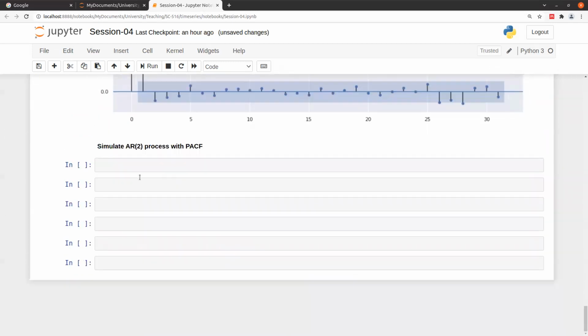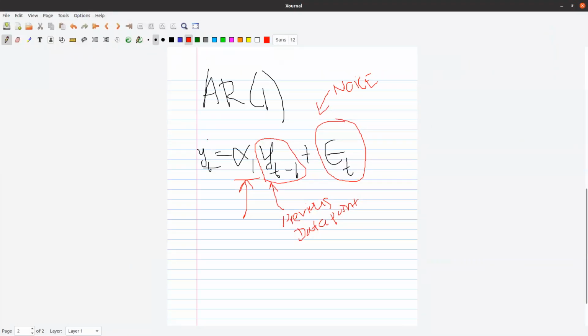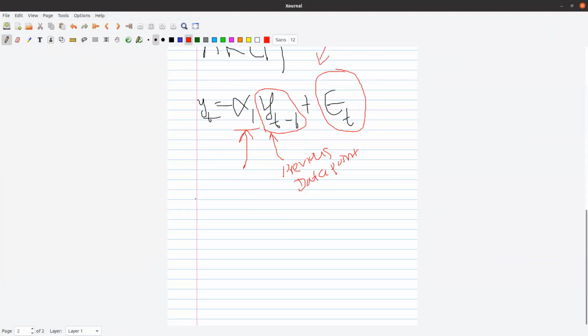What would be the equation for the AR2 process? We'll just write it here. AR2 process, what would be the equation?